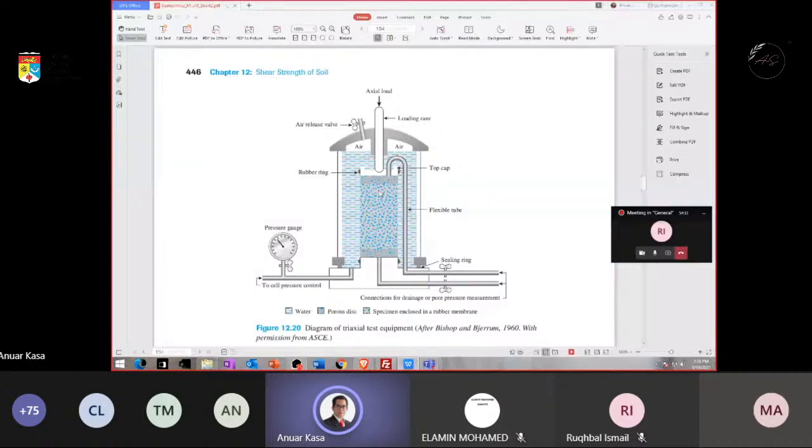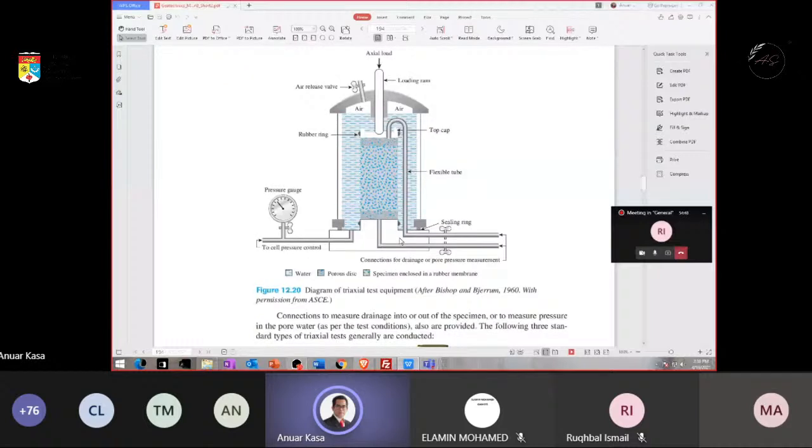And then the axial load is in addition to sigma 3. If you are talking about the normal stress applied, it is sigma 3, because the water is also above, so sigma 3 plus the additional stress due to the axial load here. So that is the normal stress. So we can also drain the water inside the sample here.